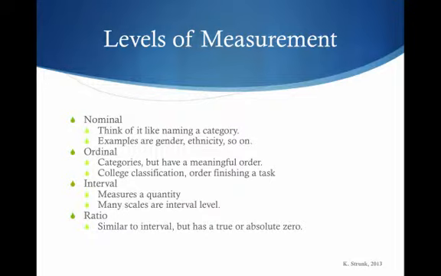For example, height doesn't have a real zero. We talk about 0 inches tall. What that really means is there's not a thing, right? If something weighs nothing, that means it doesn't exist, not as a physical object anyway. Whereas if we talk about distance traveled, you could go 0 feet.